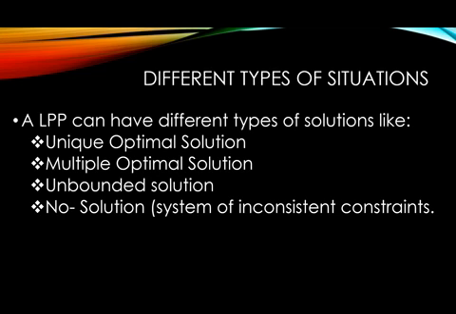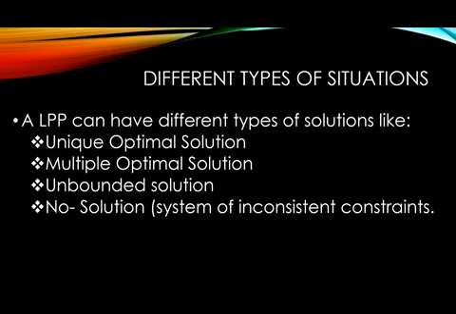Then, no solution. Let me say I try to plot the lines and the lines do not intersect at all. It does not give a feasible region. In such a case, there is no question of getting an optimal solution because a feasible region is not generated. Only if I get a feasible region, that is the orange region, can I find the extreme points and the optimal solution.